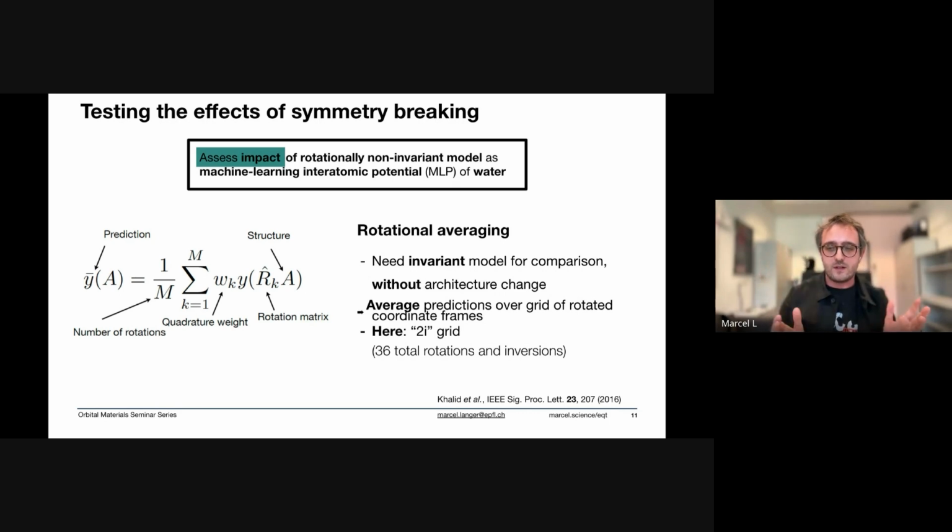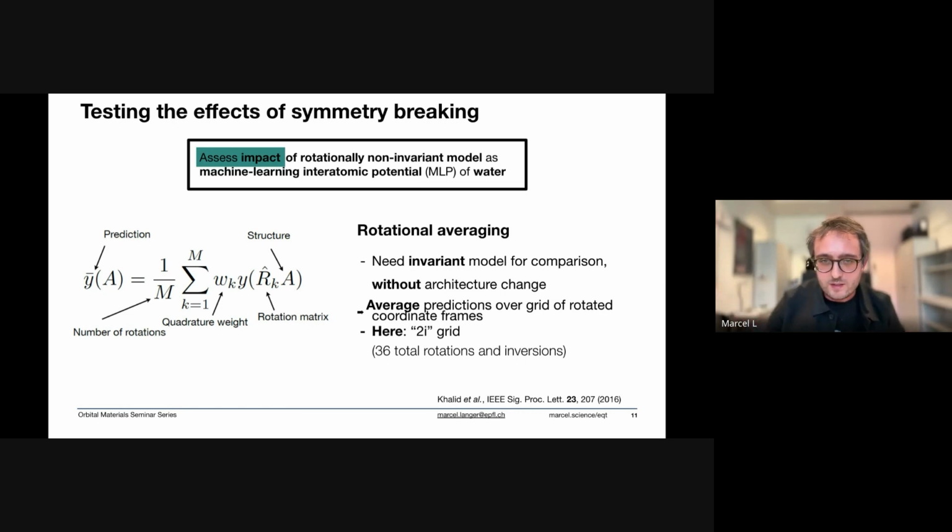And this gives us an approximately invariant model at the end. The actual grid that we're using here has 18 rotations and then inversions, so 36 total transformations. For technical reasons, this is called 2i, but we don't need to worry about it too much. So now we have the PET model that we're using. We have a way to symmetrize it to test things.